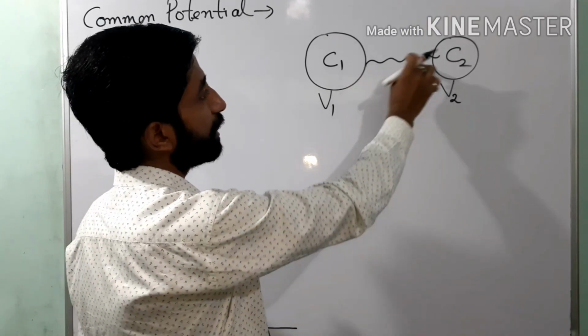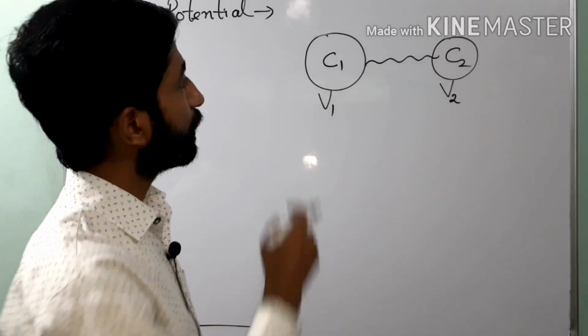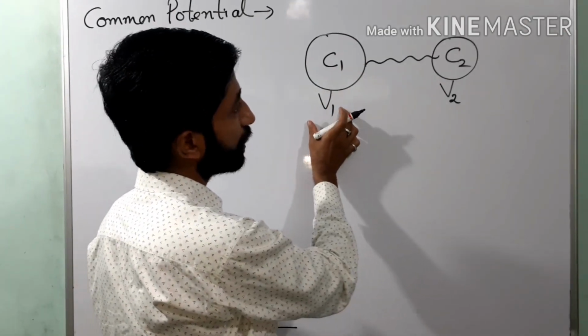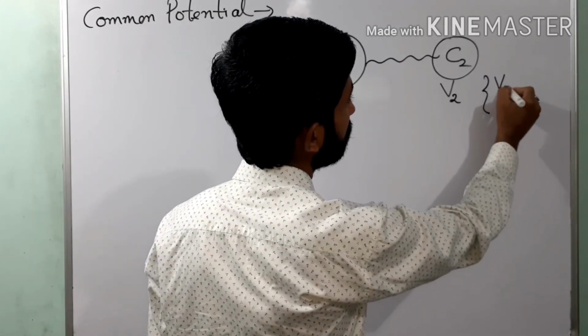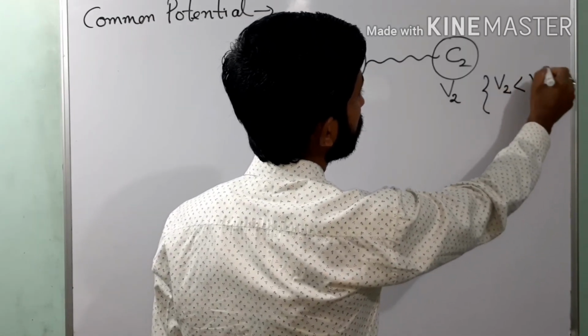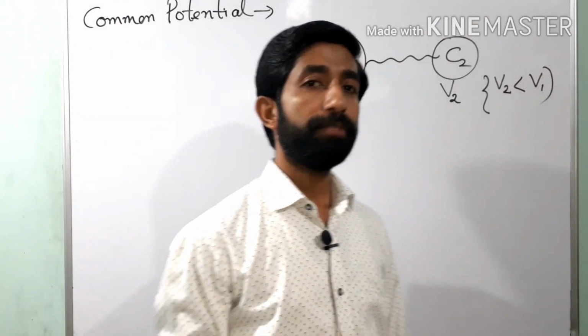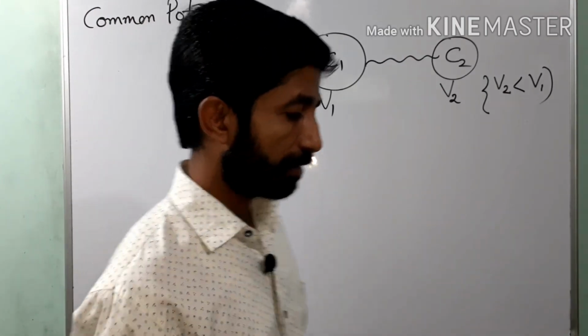When we connect them by a metallic wire, some charge flows from high potential to low potential. For now, consider that V2 is less than V1. C1 may or may not be greater, it doesn't matter.